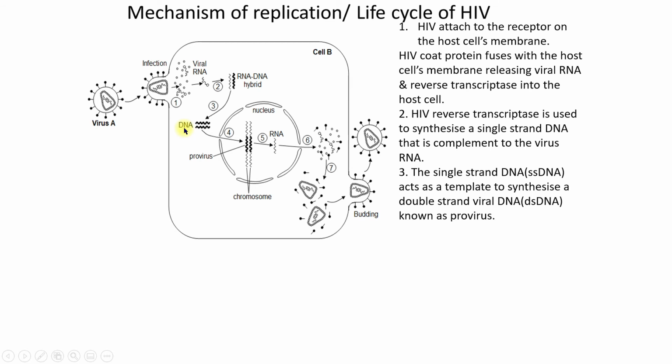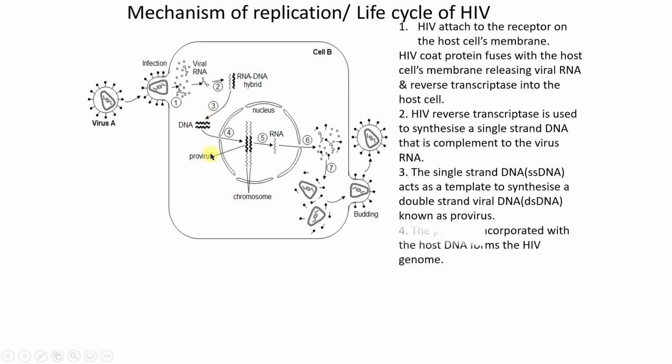Okay, so let me recap. Viral RNA masuk ke dalam host cell. Viral RNA dengan reverse transcriptase enzyme, and then next, reverse transcriptase enzyme directs the synthesis of a single strand DNA, ssDNA. The ssDNA acts as a template to synthesize a double strand viral DNA, which is dsDNA, and this dsDNA is also known as a provirus.